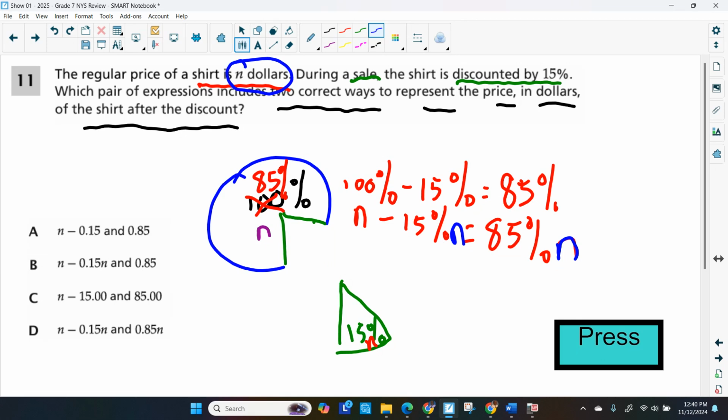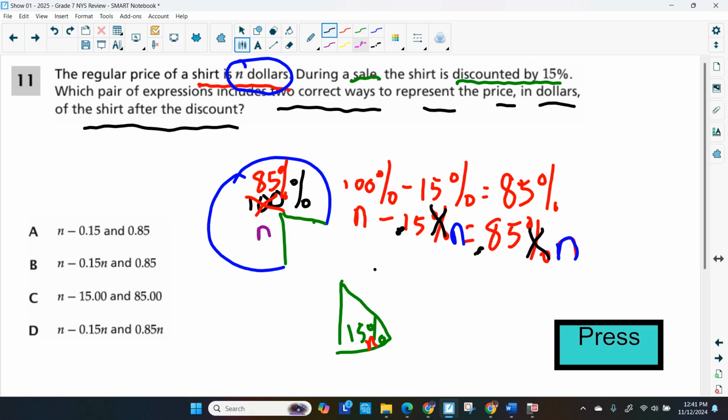So now let me look at our choices here. First thing I notice, I don't have any percent signs here. So I have to change this to a decimal. That's easy to do. I just get rid of the percent sign, and there are 2 places behind the decimal point here, and 2 places behind the decimal point here. So what do I have?